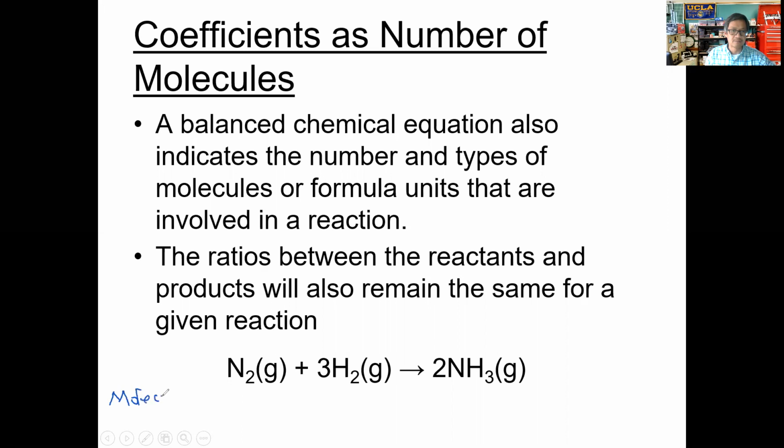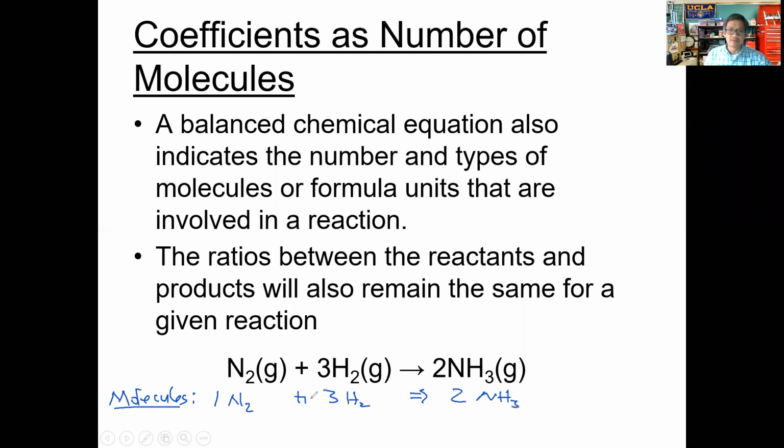So we're going to count the molecules involved in this particular reaction. We will have 1 nitrogen molecule combined together with 3 hydrogen particles to produce 2 ammonia particles. And that's what we have described for us here.